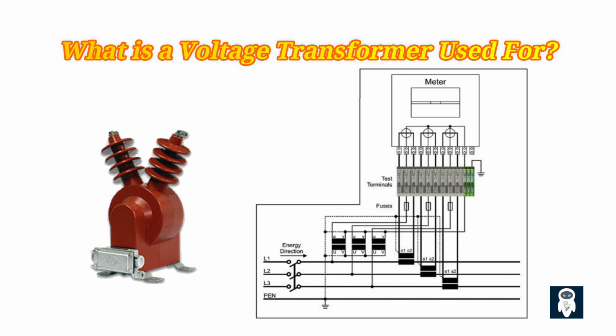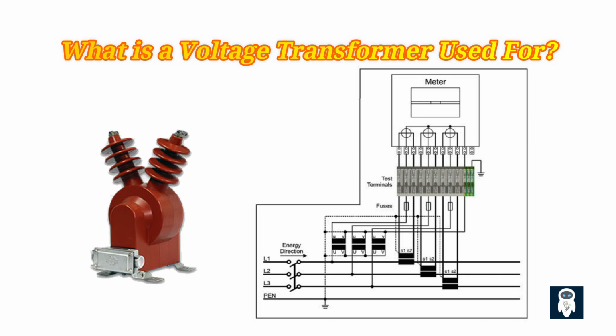3. Voltage regulation. In some cases, voltage transformers are used to regulate the voltage levels within a specified range. They can step up or step down the voltage as required to maintain a stable and consistent voltage supply to sensitive equipment or specific areas of the power system. 4. Isolation.